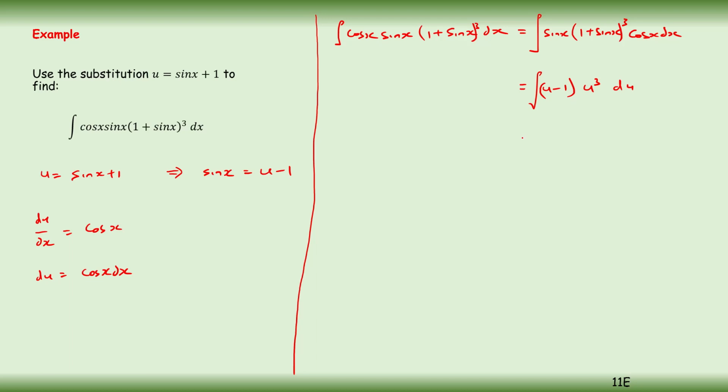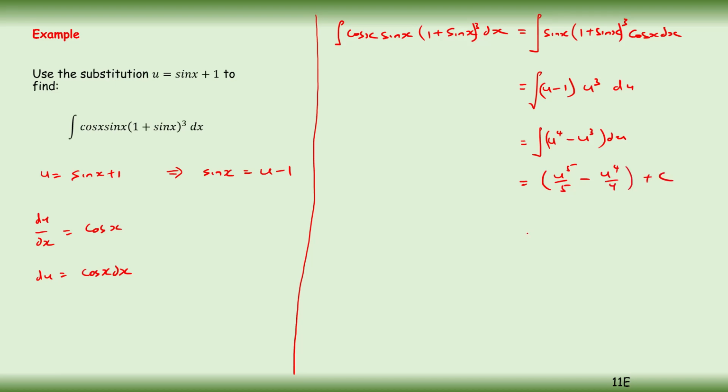Right, so expand and simplify. Integral of u cubed, u minus 1, that's u to the power of 4 minus u cubed with respect to u. Integrating that leaves me with u to the power of 5 over 5 minus u to the power of 4 over 4 plus our constant term.